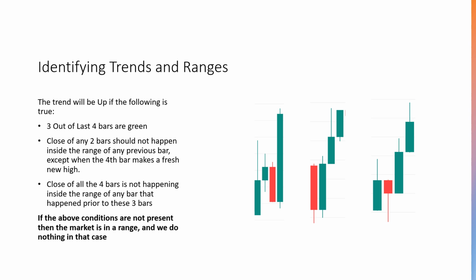If three out of the last four bars are green, the market is up, and no two bars should be closing inside the range of any bar, except when the fourth bar makes a fresh new high. It's very simple, guys. It's just a black and white game, sorry, a green and red game. A color game.